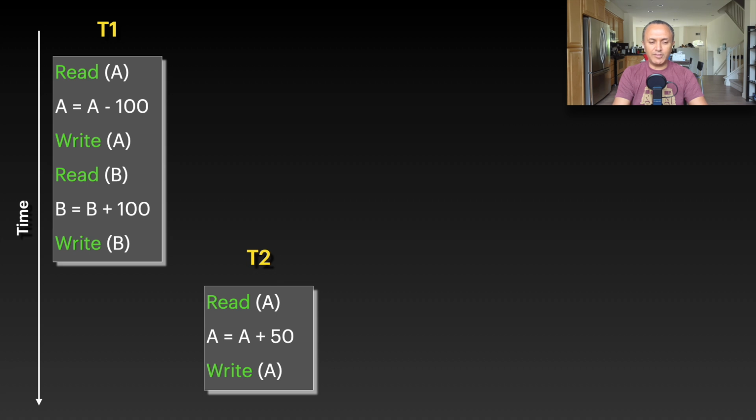Let's look at an example and see the base case of transactions that are acting in isolation. So let's say you have these two transactions, T1 and T2. You have the timeline on the left side. In this particular case, basically T1 is executing alone, and then once it's done, T2 will start executing. So say that we start with A equals 500 and B equals 200. Let's go through the steps and see what's the end value here.